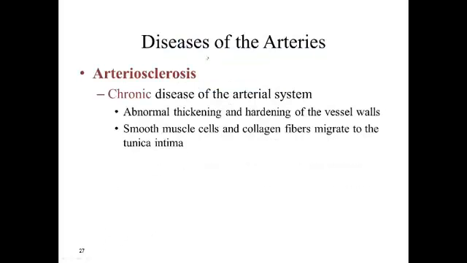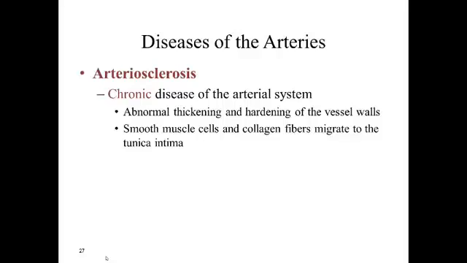So, more diseases of the arteries, and we couldn't talk about coronary artery disease before we talk about arteriosclerosis or atherosclerosis. So arteriosclerosis is a chronic disease of the arterial system. It is related to abnormal thickening and hardening of the vessel walls.